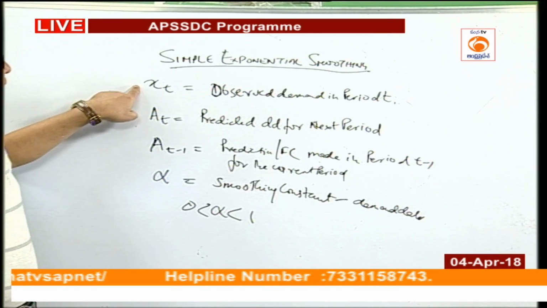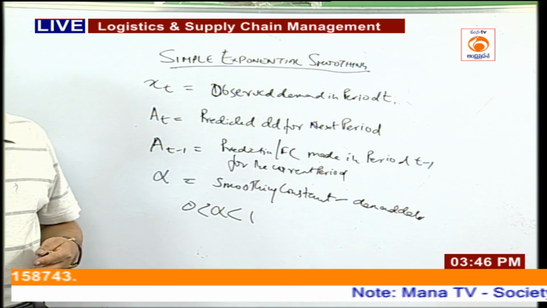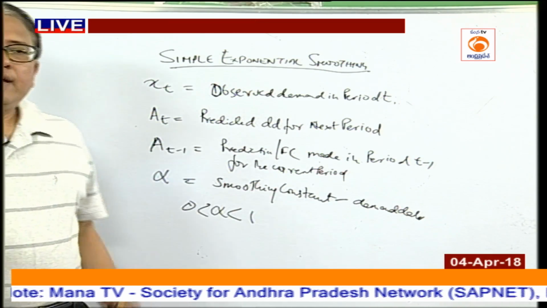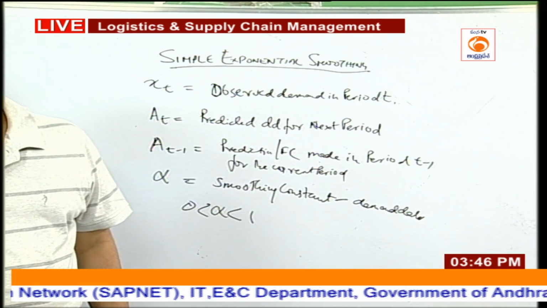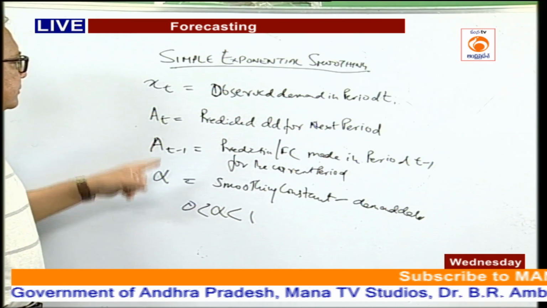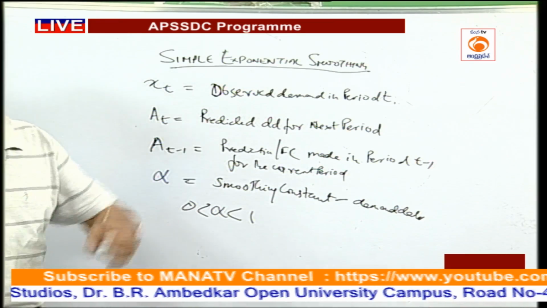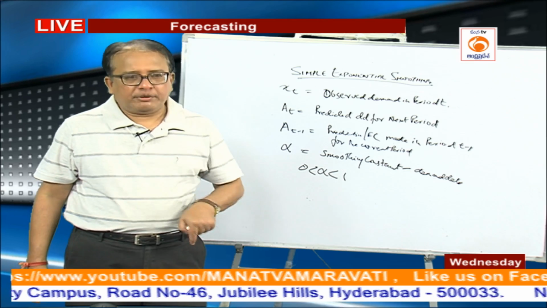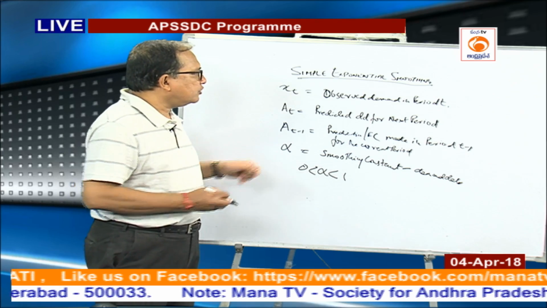So, x t is the observed demand, whatever demand I am observing now today, the demand is visible to me. A t is the demand I am predicting for the next period. A t minus 1 is the forecast that I made in the previous period for the current period. And alpha is the smoothing constant.